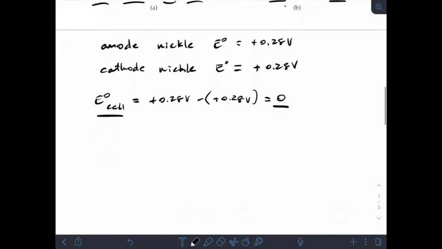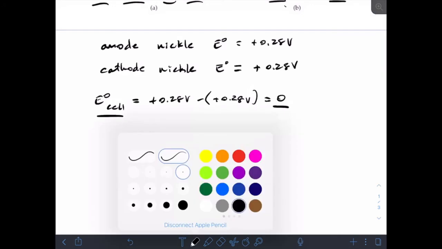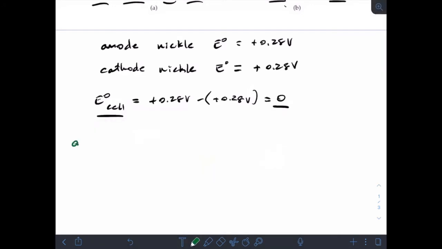So at the anode, the anode is going to have an oxidation happening. If I write out an equation for that, I'm going to have nickel solid, showing the oxidation here, to nickel 2 plus aqueous, dilute, plus 2 electrons.